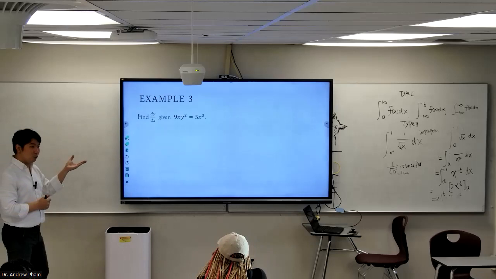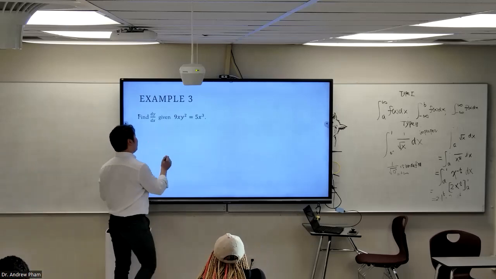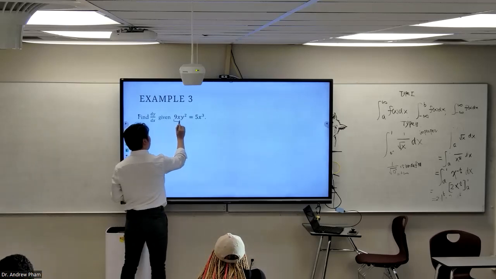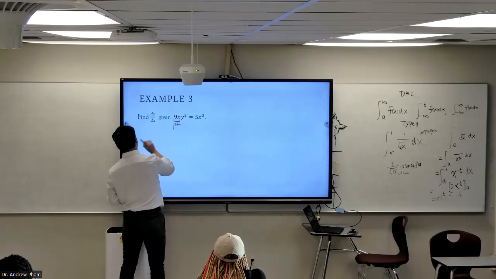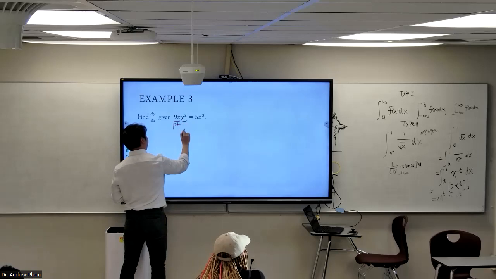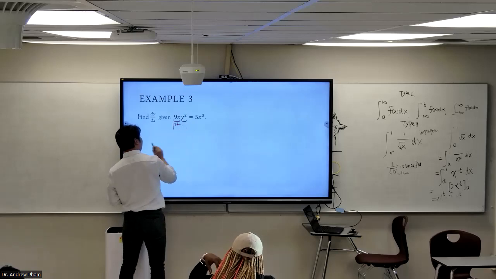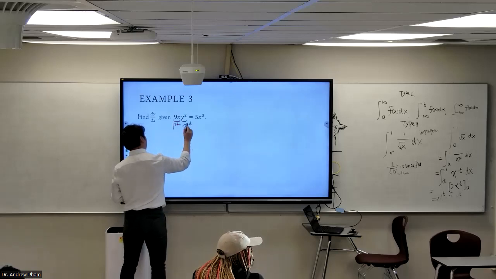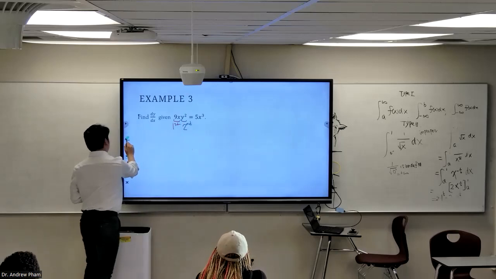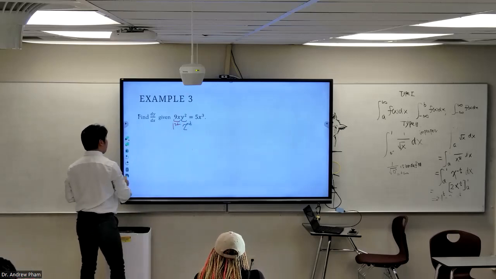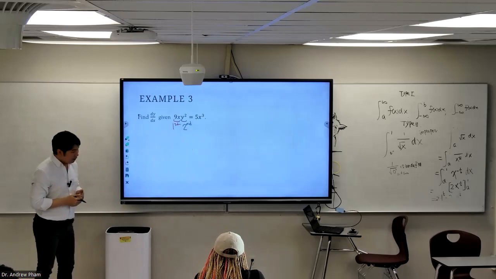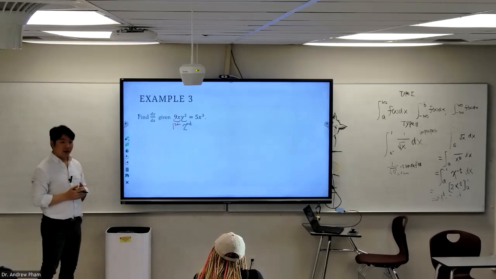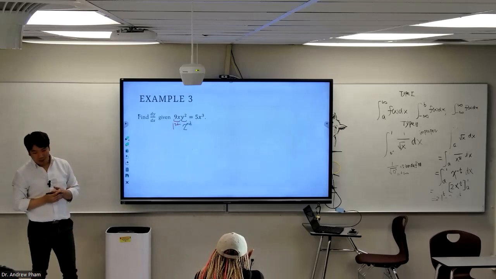If I'm using product rule, what can I label as my first? Yeah, we can say 9x. Let's list that as our first, and then the second can be the y squared. So let's go ahead and get the derivative. Product rule states that the derivative of a product is, someone remind me, what is the product rule?